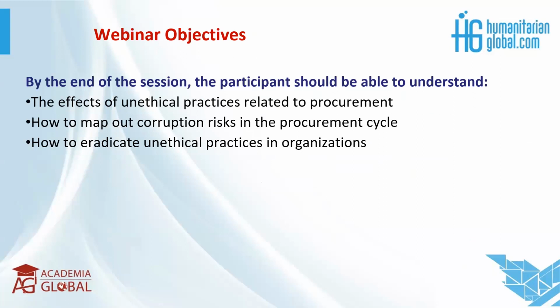We're going to go through the procurement cycle from the beginning to the end, and how to recognize and point out where corruption might occur. And finally, we're going to discuss how to eradicate unethical practices in organizations, or the different risks that we have mapped out. How can we overcome that in our workplace?